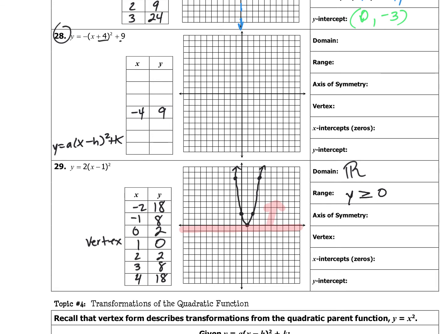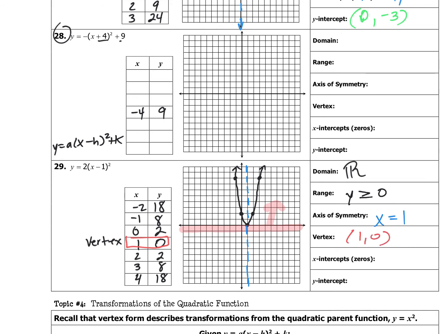My axis of symmetry is right here at x equals 1. So that's x equals 1. My vertex is at (1, 0).